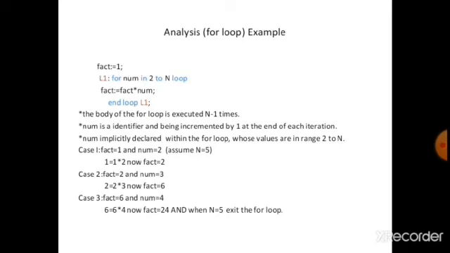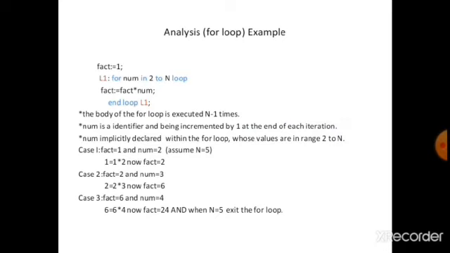Whatever we have written after loop and before end loop is called the body of the loop. The identifier num is incremented by 1 at the end of each iteration.